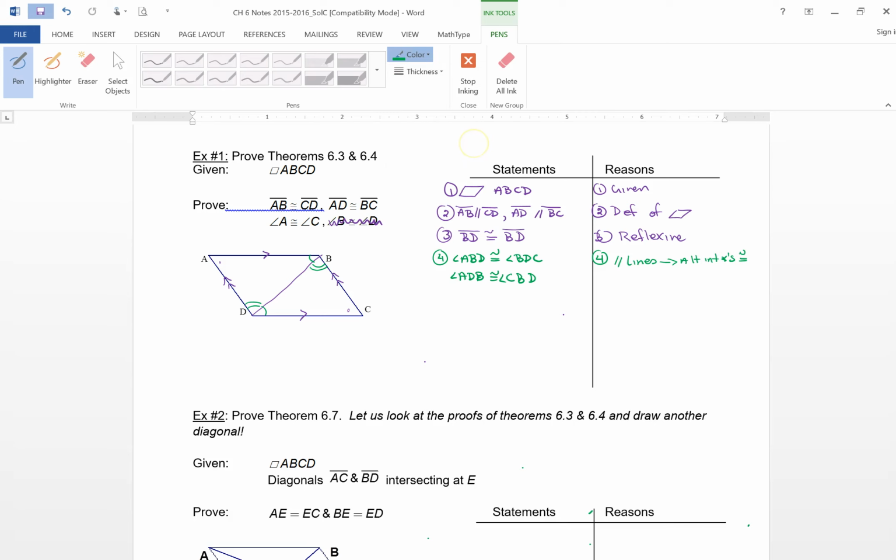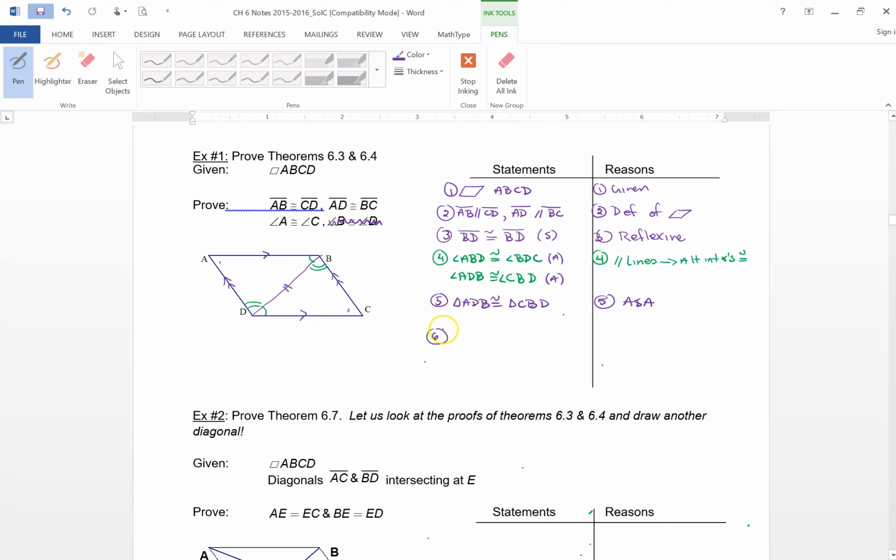So what I have now is a side that's congruent, I have an angle, and I have an angle. So is it AAS, ASA, what is it? It's ASA. Angle, side, angle. All right? So I say triangle ADB is congruent to triangle CBD because of ASA.